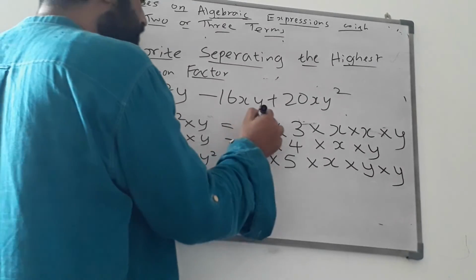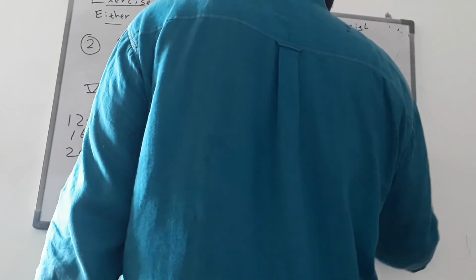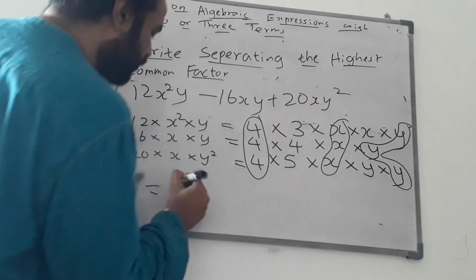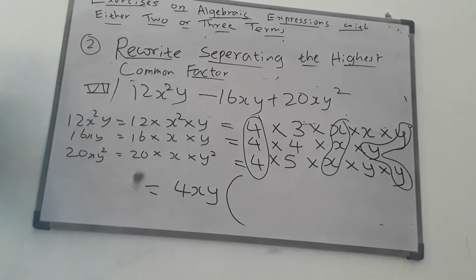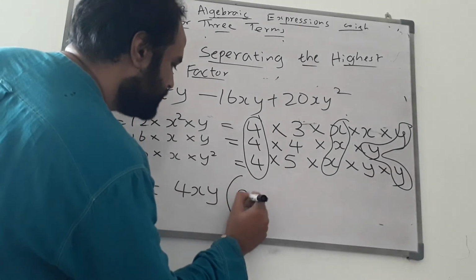So here 4 is common, x is also common, and y is also common. So I am going to write 4 times x times y, or 4xy, outside the bracket. In the first term there's 3 here, there's x here: 3 times x means 3x.